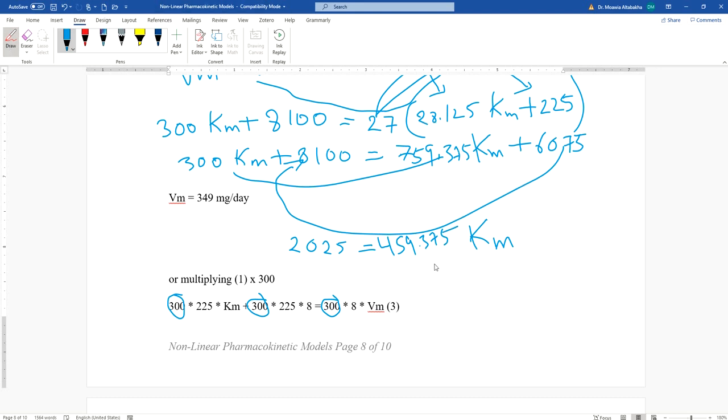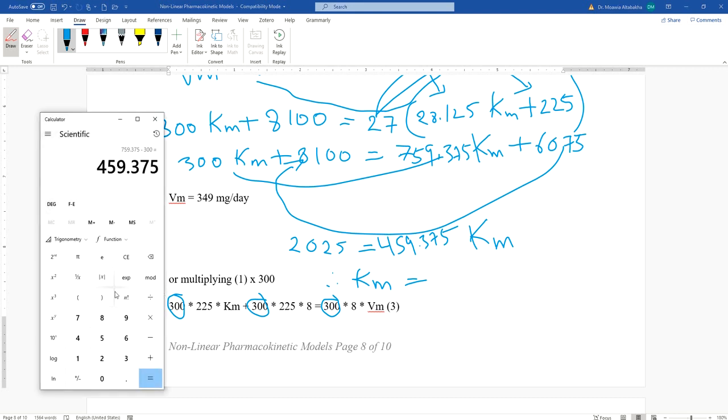Anyway. Now how do I get Km? Km will be equal to this number divided by this number. So 2,025 divided by 459.375, and it's equal, you'll see it here, about 4.4.